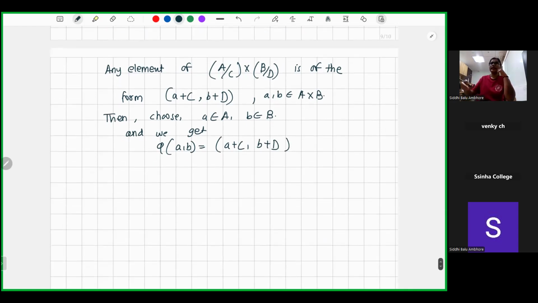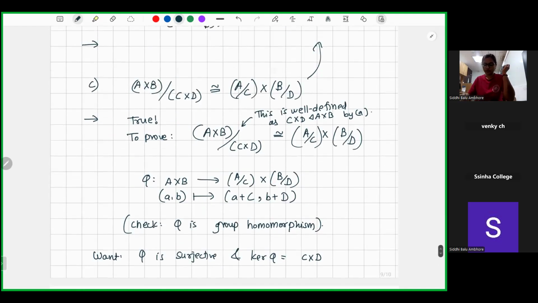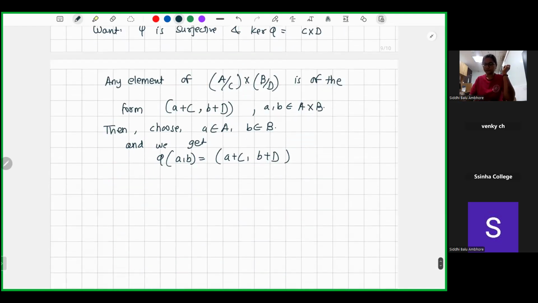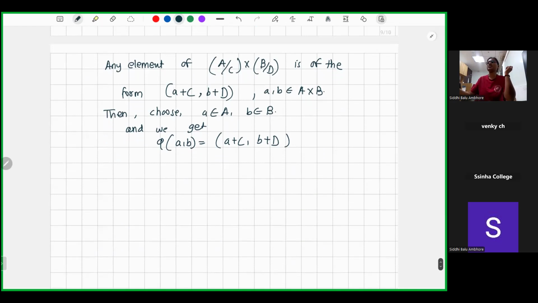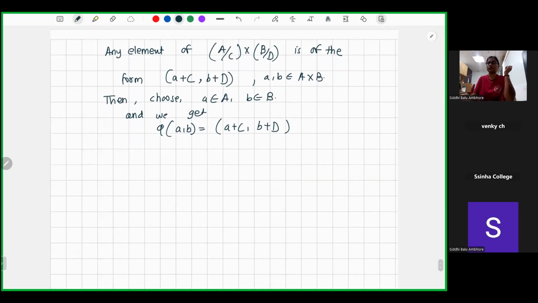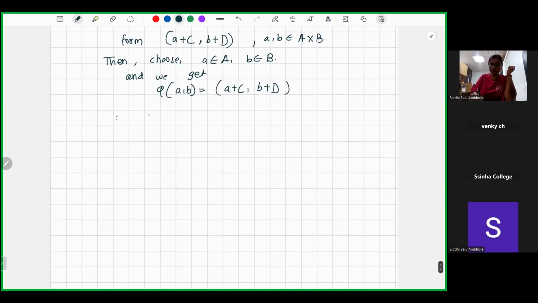So for any element in this product, we have obtained an element in A cross B such that its image is what we started with. Therefore phi is a surjective homomorphism.